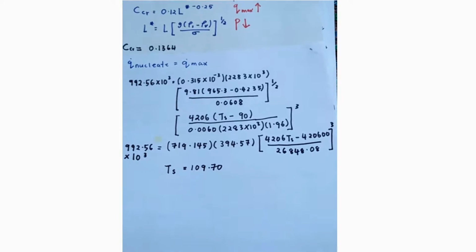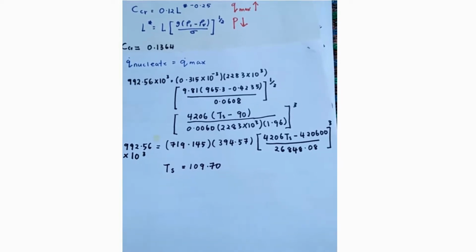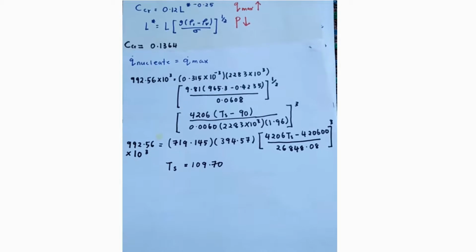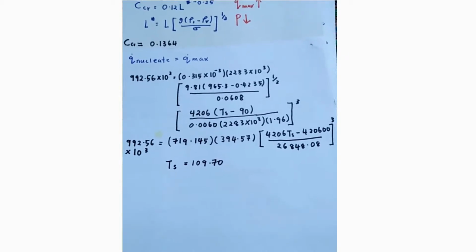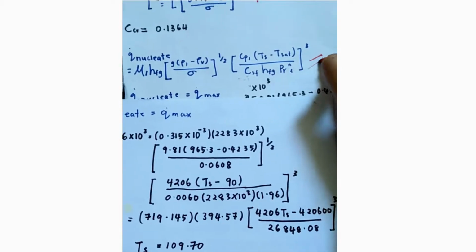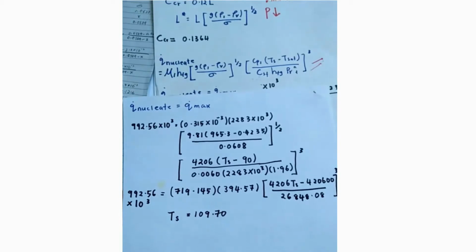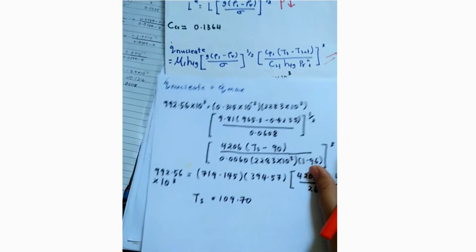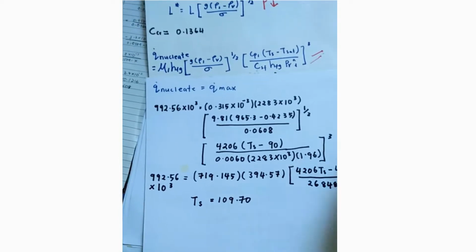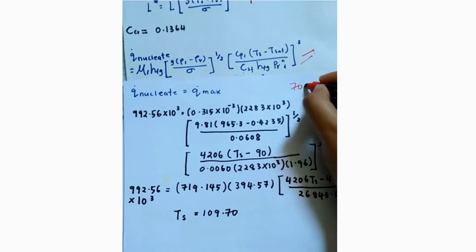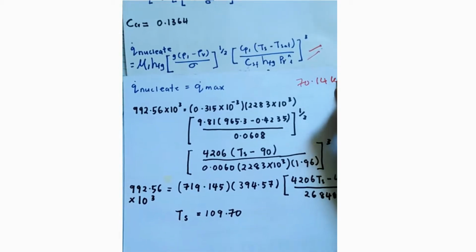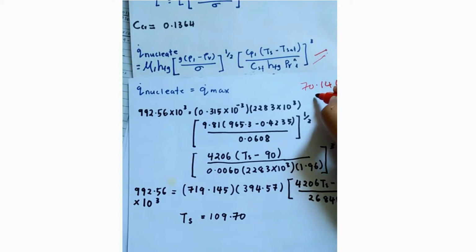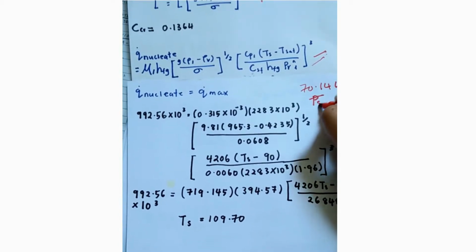To find the temperature of the wire, we are still using the same equation that we used in question A, which is this equation. Then we substitute all the values from the properties that we chose, which is 70.14 kPa and T set.